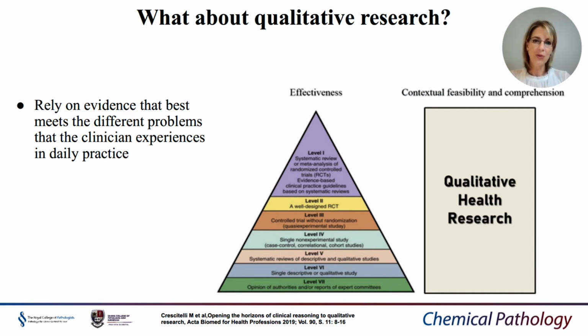So what about qualitative research? Again, we have to rely on evidence that best meets the different problems that the clinician experiences in daily practice. So this may include a different format of a study design, and this could include qualitative health research. Adopting this approach, qualitative methods emerge as further points of reference, and this is with regards to contextual comprehension and contextual feasibility.